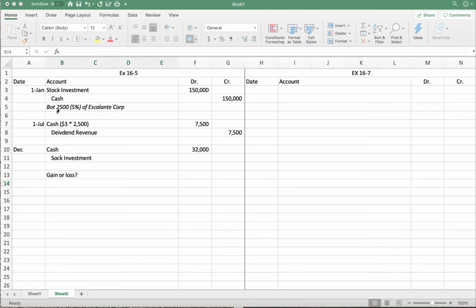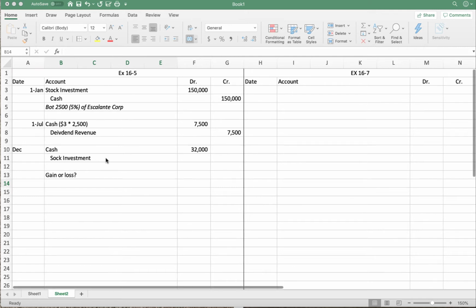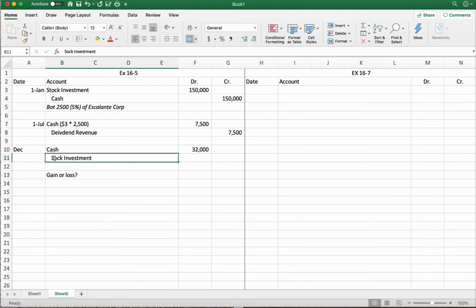We're selling 500, so that's 1/5, right? So to figure out how much the stock investment is going down, I'm going to take my value, which is $152,000, and multiply that by 1/5, because that's the fraction of shares that I'm selling.